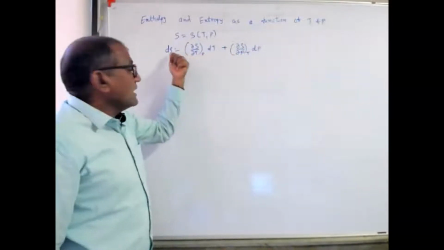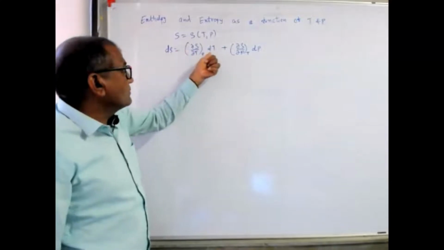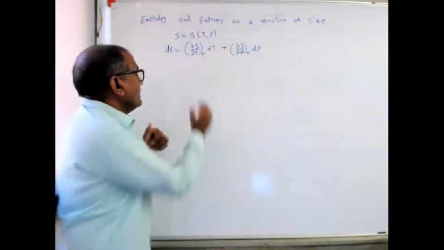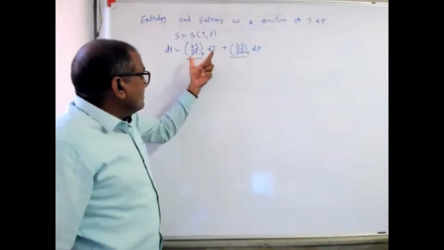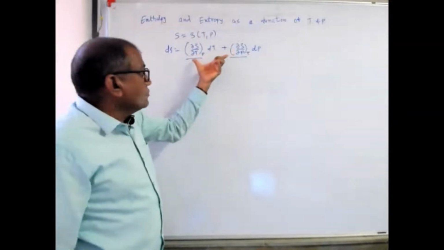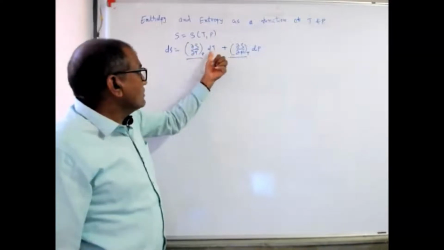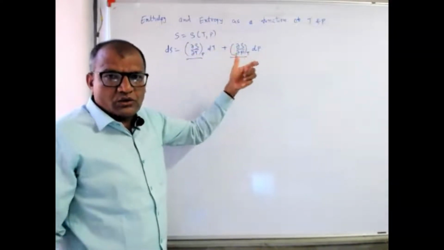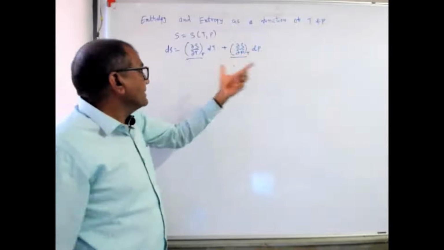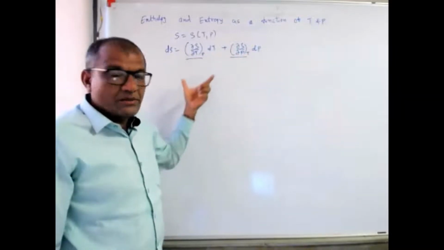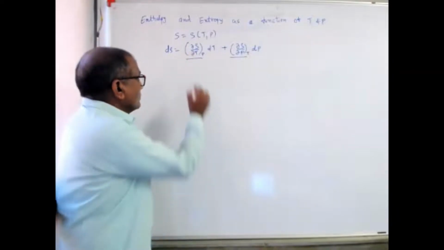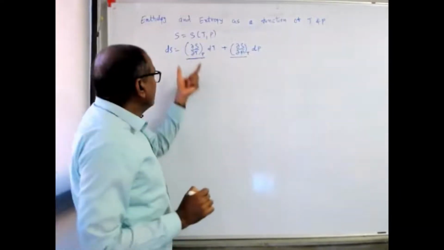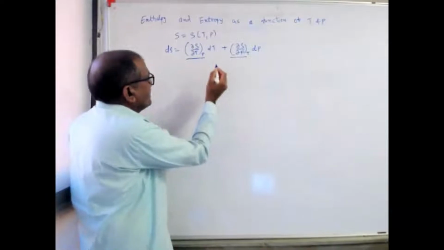In this equation, I have written entropy as a function of two variables T and P. If I know the value or equation for these two partial derivatives in terms of temperature, pressure, volume, or heat capacity data, then our objective will be achieved. Okay, so now let me explain each partial derivative.